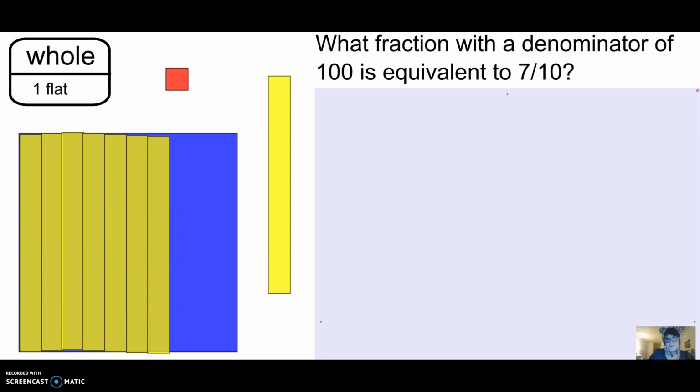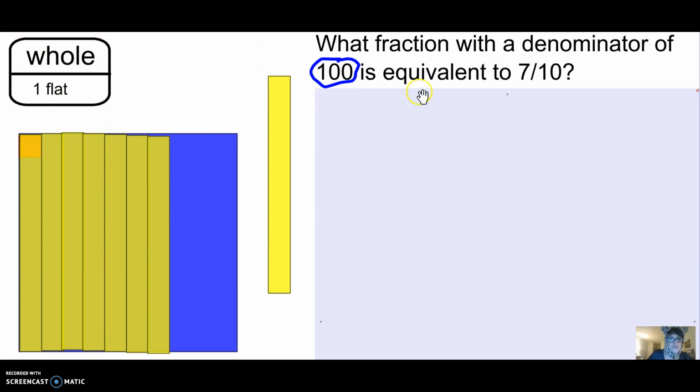Now, can we find an equivalent fraction that has a denominator of 100 and it will be equal to 7/10ths? So let's think, how many of these cubes would it take to be equivalent to my 7/10ths?